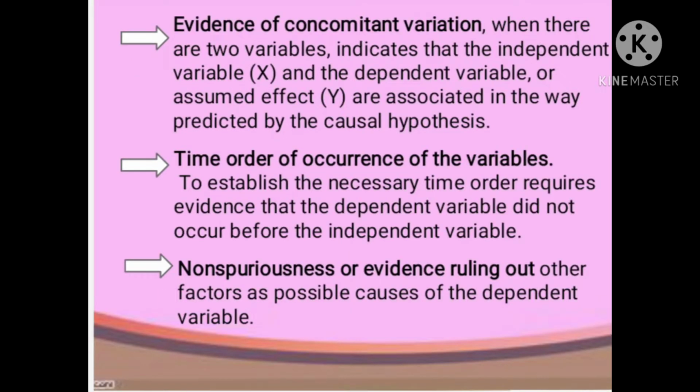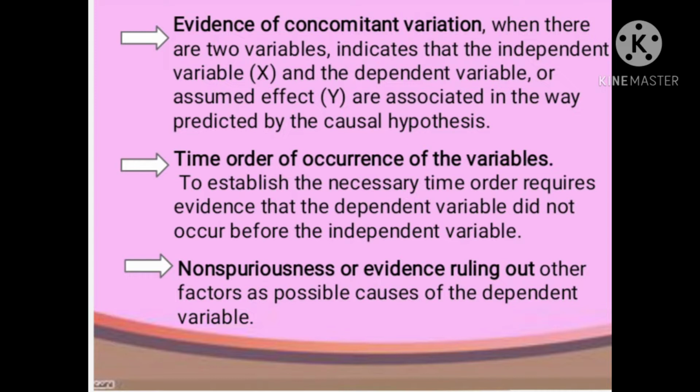So one type of evidence for inferring a causal relationship is known as concomitant variation. Evidence of concomitant variation or covariation is when two variables, the independent variable x and the dependent variable or assumed effect y, are associated in the way predicted by the causal hypothesis.